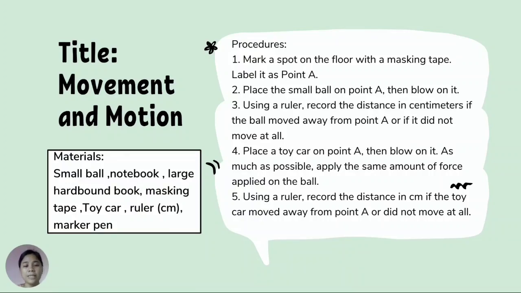Then 4. Place a toy car on point A, then blow on it. As much as possible, apply the same amount of force applied on the ball. Number 5, using a ruler, record the distance in centimeters if the toy car moved away from point A or did not move at all.